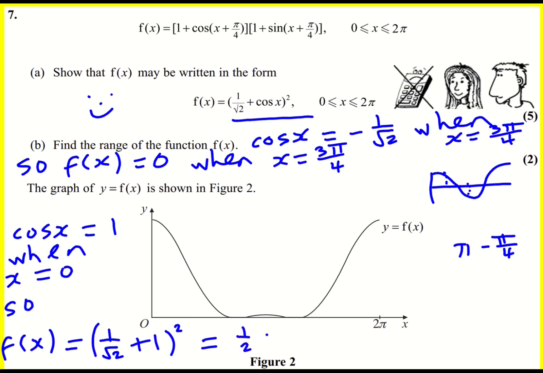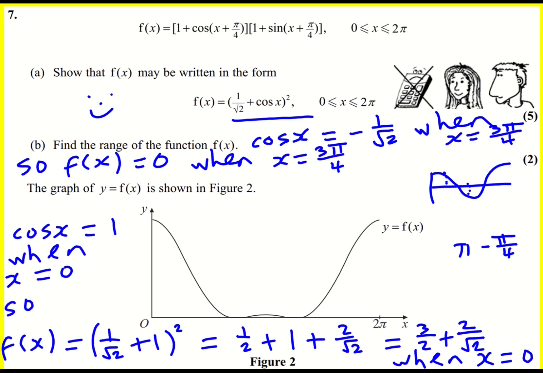We're going to get a half plus 1 plus 2 over root 2, or 3 over 2 plus 2 over root 2 when x is equal to 0.